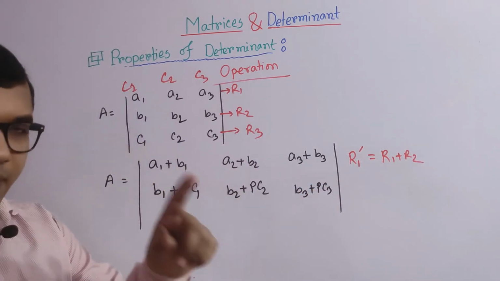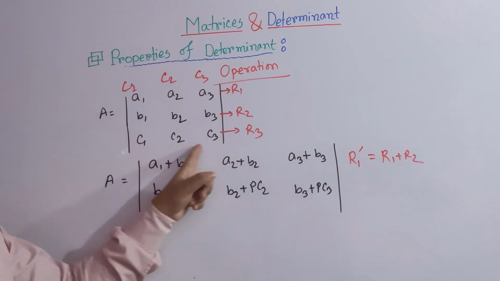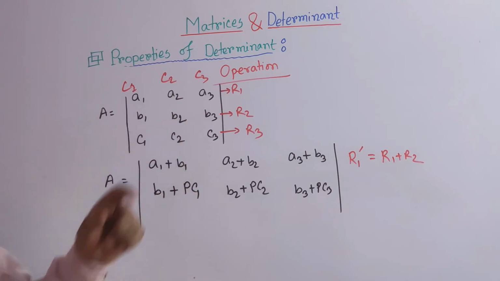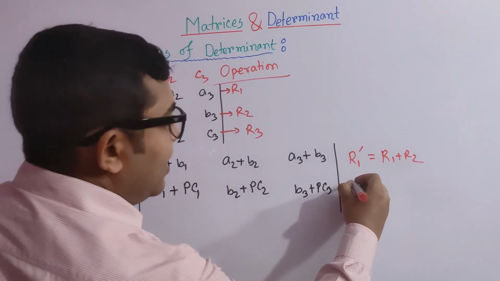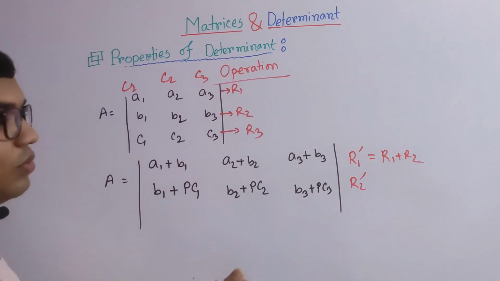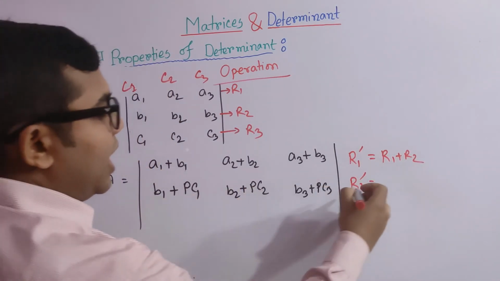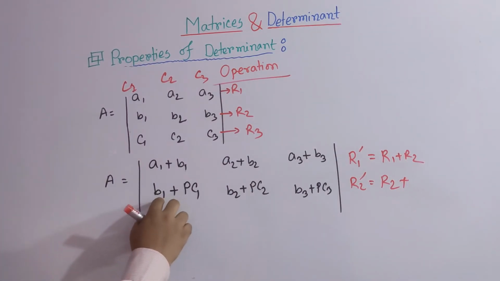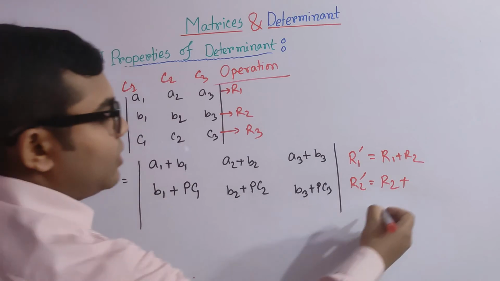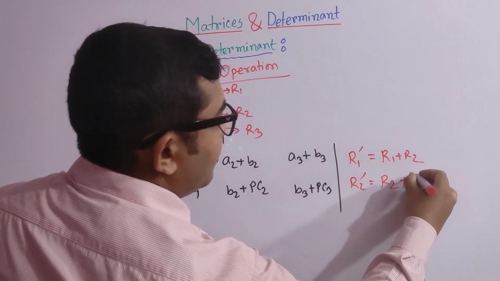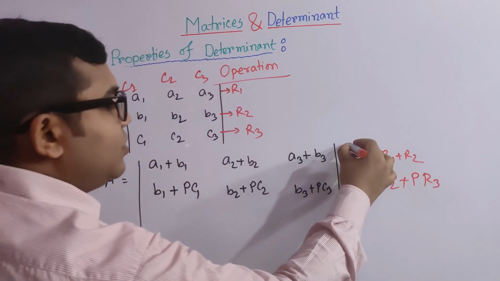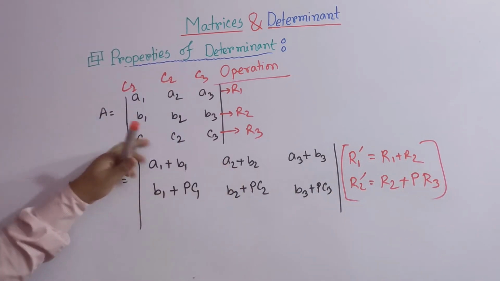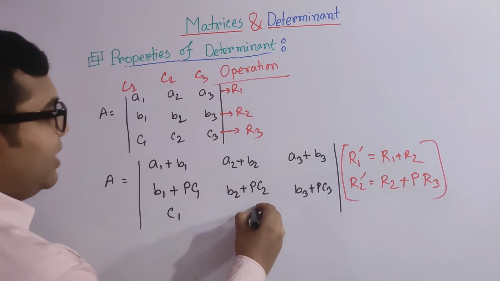First of all, P is multiplying with row 3, and with this we have added it to R2. So here we have worked on row number 2, where row 2 is added with row 3, but where P was multiplied. So this is our side note. I think you can understand how to solve this, and similarly our first row will remain unchanged.